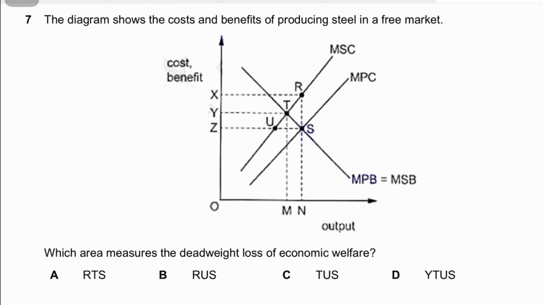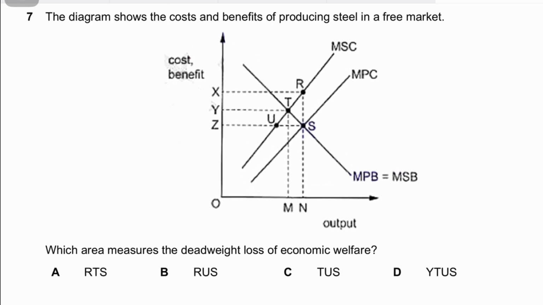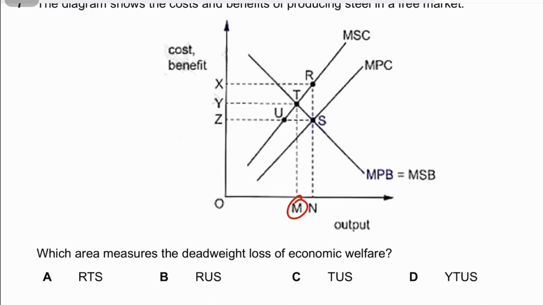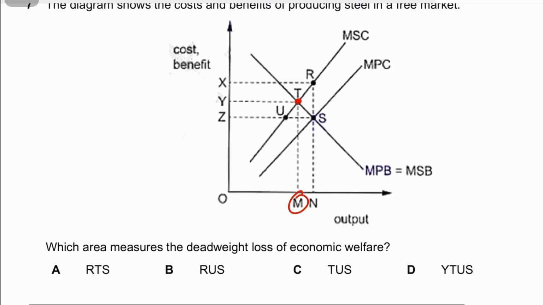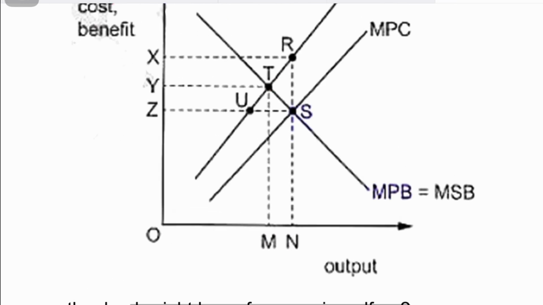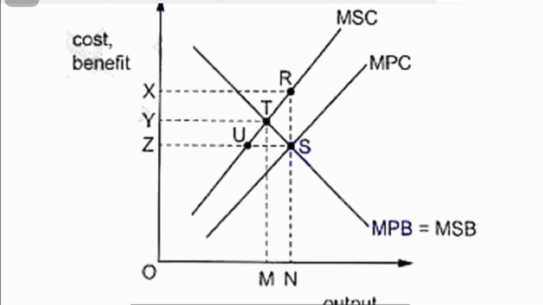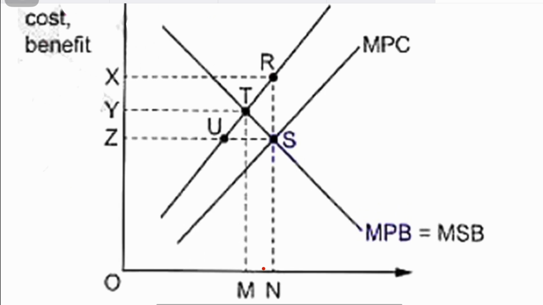And if you look at the optimum outcome, it would be the output level where the marginal social cost is equal to the marginal social benefit, and that would occur at output level M, right? But then if you produce more than M, for all the units that lie between M and N, the marginal social cost would exceed the marginal social benefit. For this particular unit, the marginal social cost would be more than the marginal social benefit, and this would represent your deadweight loss.